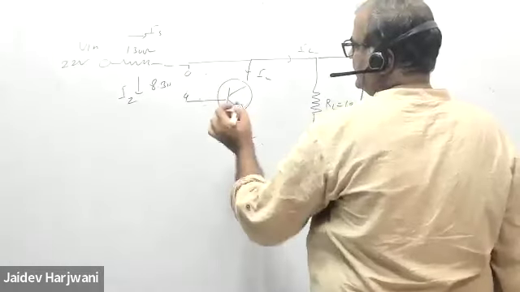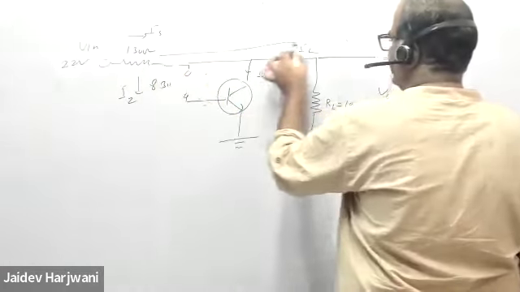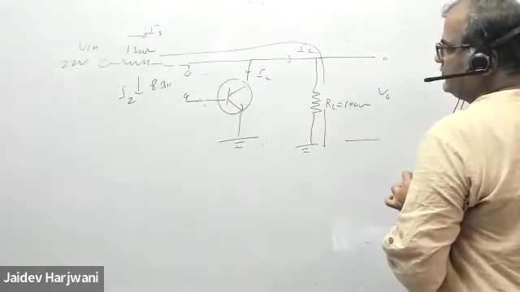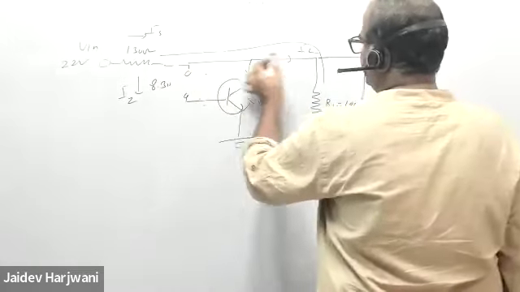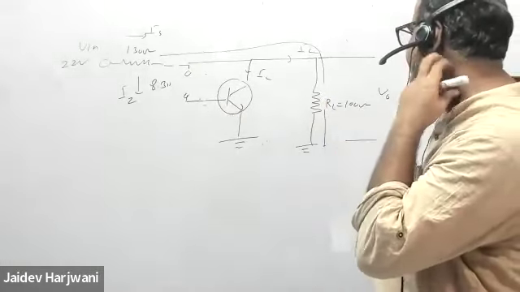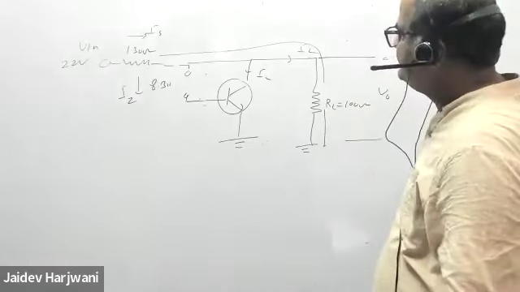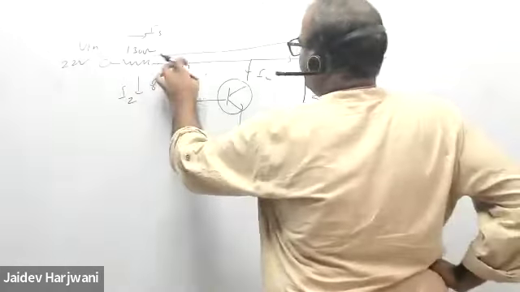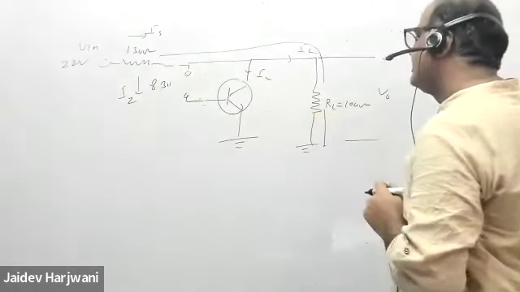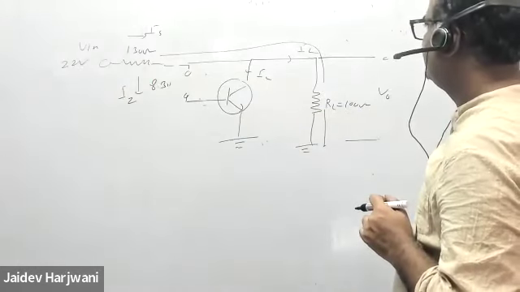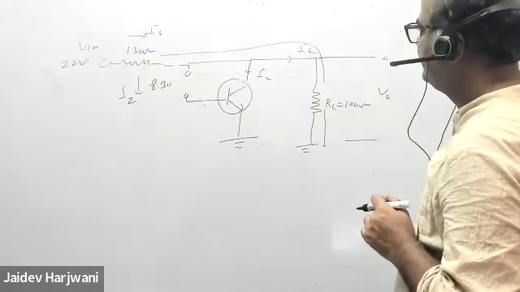If it is open here, now this path is completed, no? So you can find how much current is going here. What is the drop here? So you can find what is the voltage here. And once you know the voltage here, how can you do it?